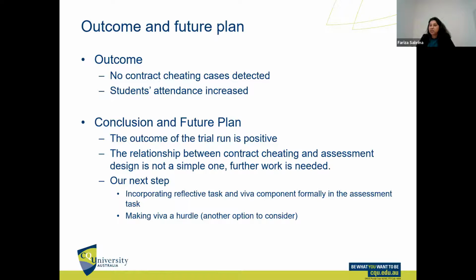If you have any questions, I'm happy to answer. Thank you very much. This is a very topical area for us in the university sector. Fariza, I'm just wondering if you could comment. I read an article this week about why students do not engage in contract cheating, as opposed to why they do.